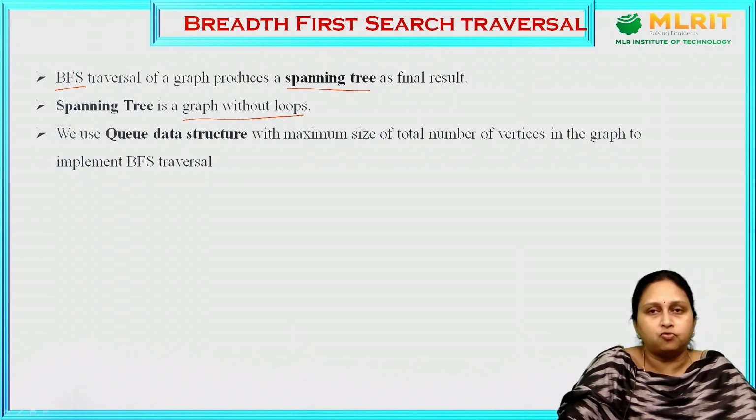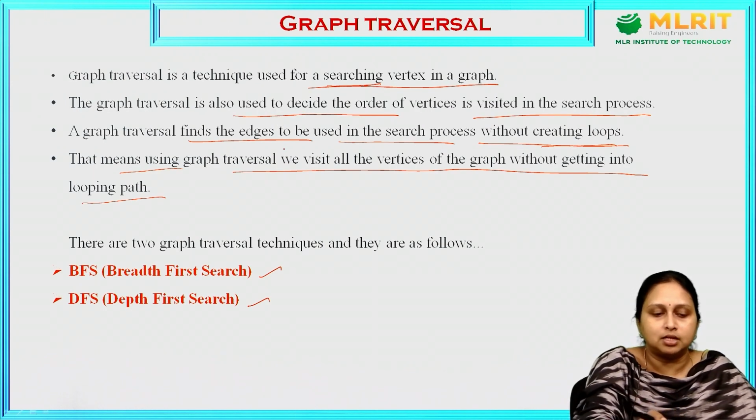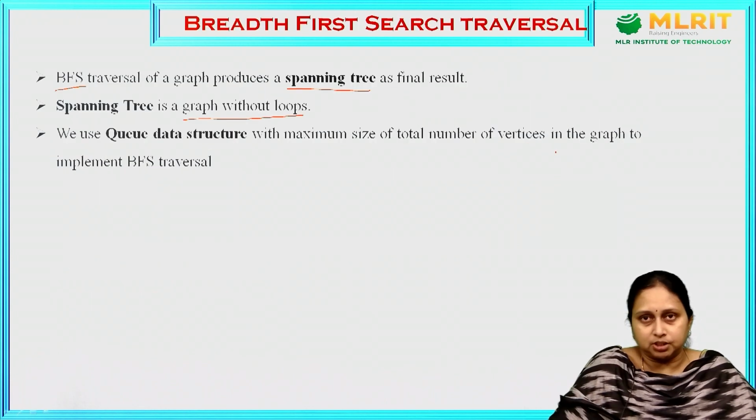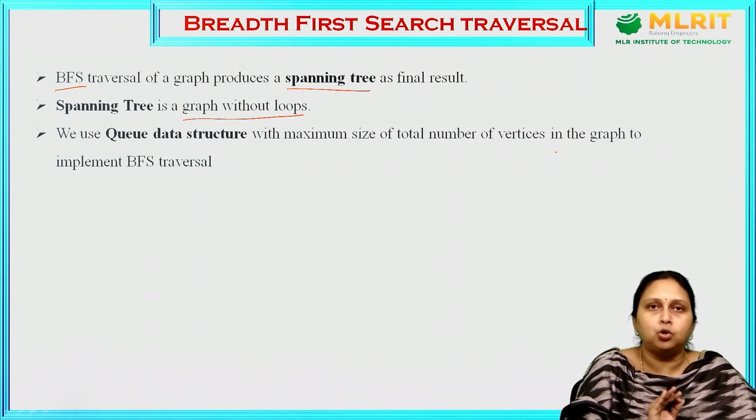We should not form any loops in the spanning tree. As we discussed in the previous point, the graph traversal should not form any loops while searching. Here also, in the spanning tree, whatever result you get by traversing through your graph, you should not get any loops.